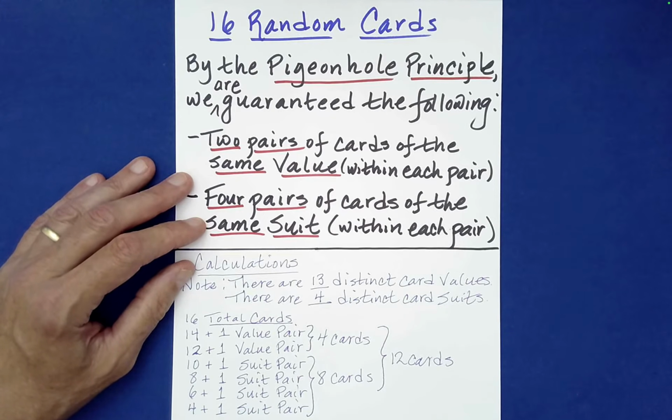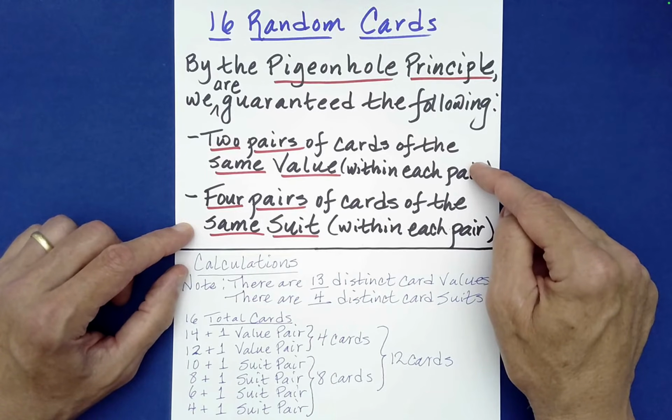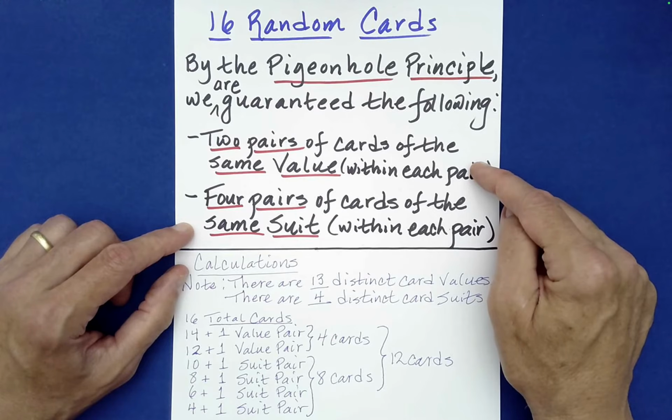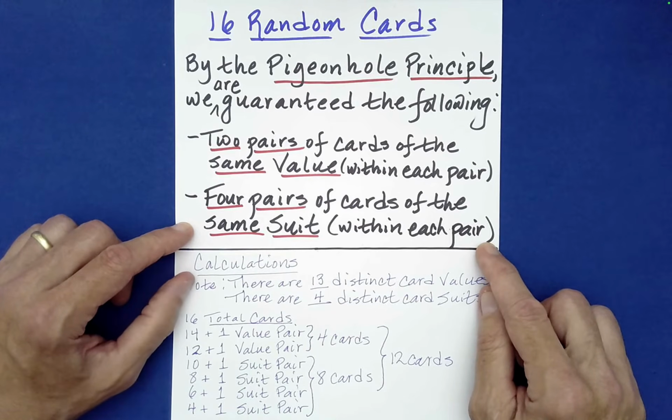Now there may be more than 2 pairs of that kind, but there will be at least 2 pairs, and that's what we're going to do. We're going to choose pairings. The first 2 pairings will be pairings where they match in value. That's what I did. And then beyond that, once you have those 4 cards pulled out of the 16, leaving you with 12, there's something else we know by the pigeonhole principle.